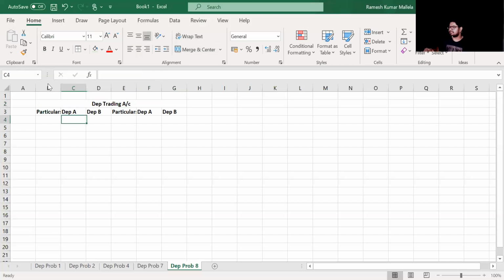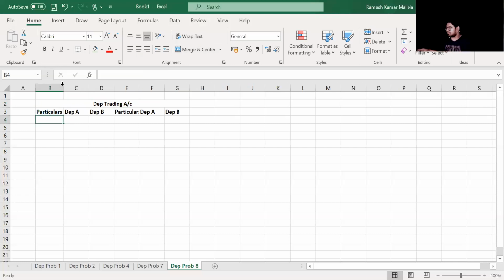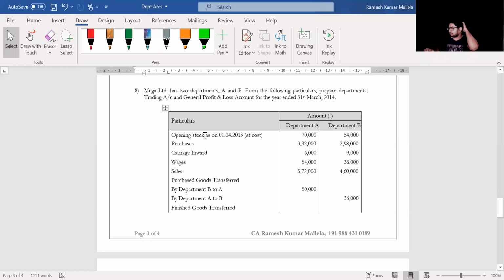In this, let's go ahead with opening stock. He has mentioned opening stock at cost as 70,000 and 54,000. Always departmental trading account would be prepared at cost only. Okay.